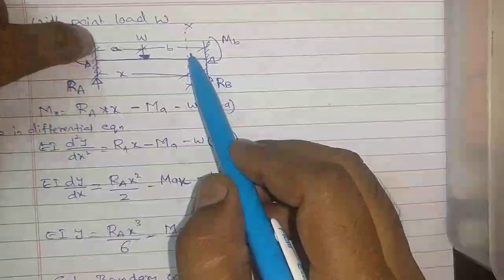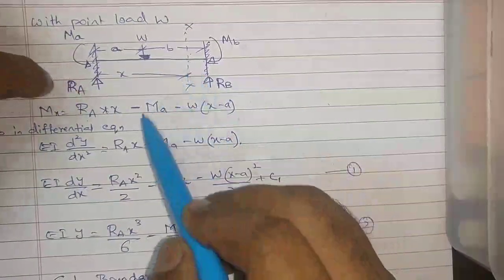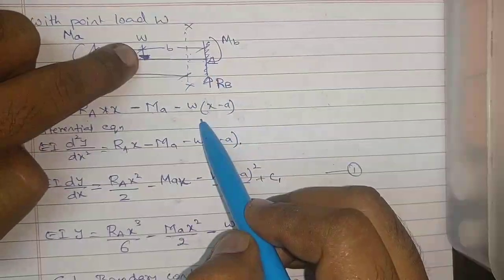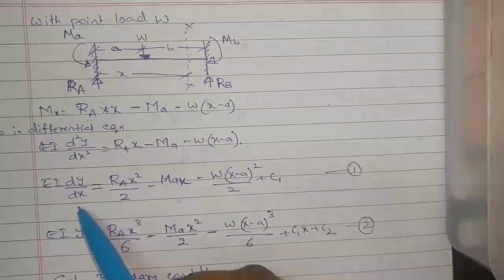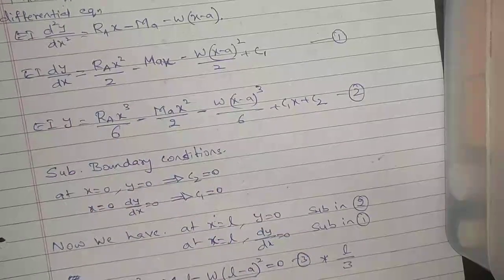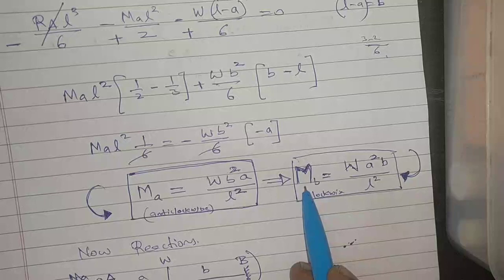Now this MX we have substituted here. This MX here is RA into X minus MA. See here, RA into X, and this is MA. Then minus W into X minus A. This total you have substituted in this differential equation. From this, using boundary conditions, we got MA and MB.